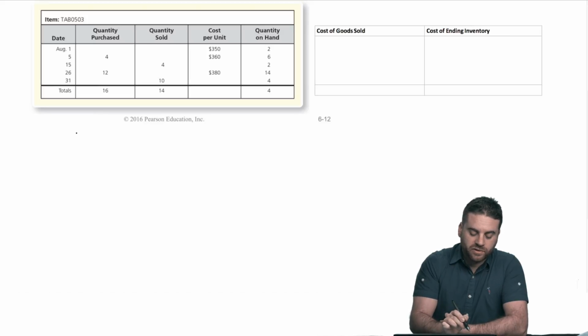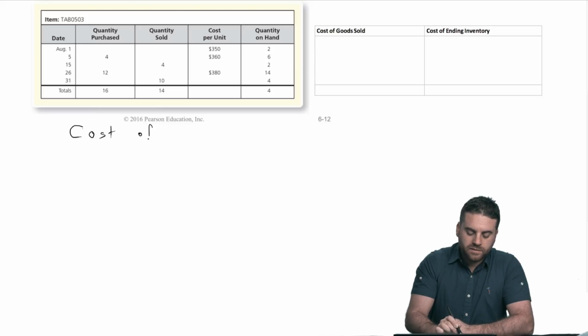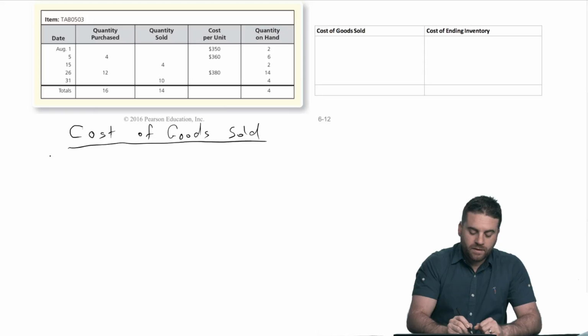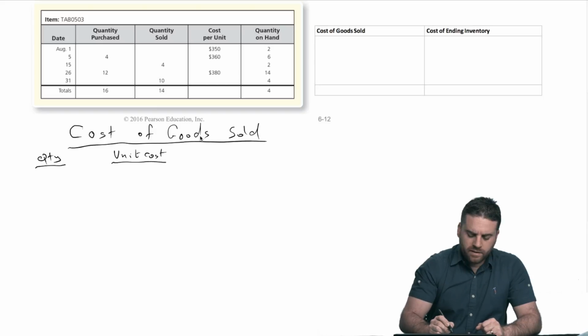All my calculations for cost of goods sold down here, cost of goods sold, and then I will say quantity, and then unit cost, and then the total cost.